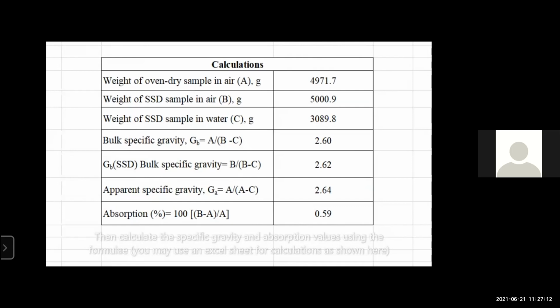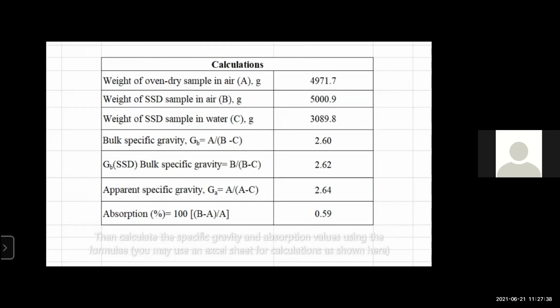Next is our water absorption. So basically we calculate water absorption in percentage, which is equal to 100 times B minus A by A. Here the value of B is 5000.9, and the value of A is 4971.7.